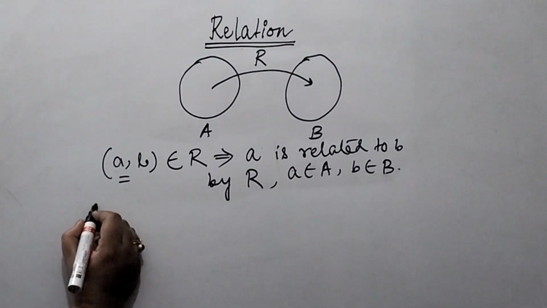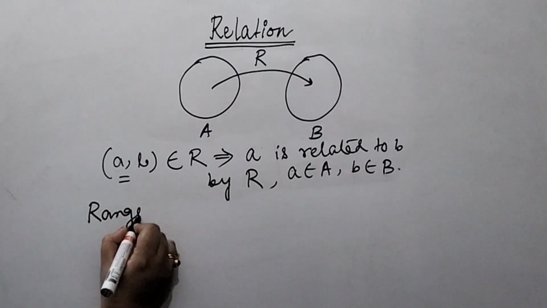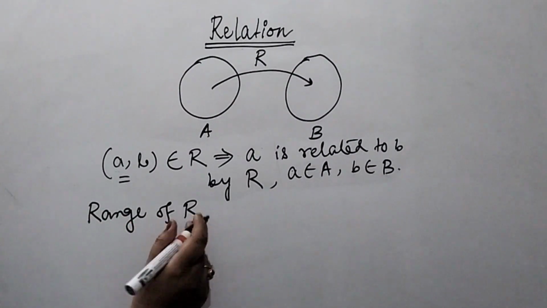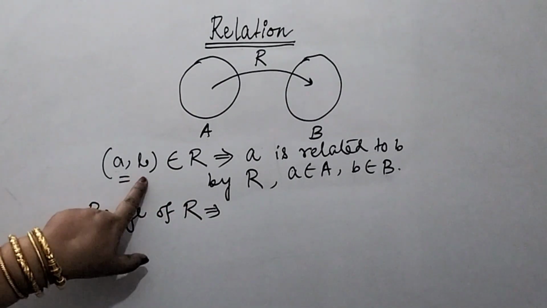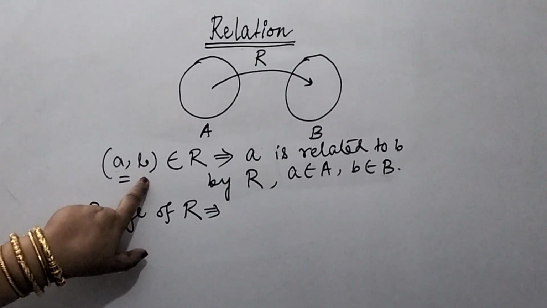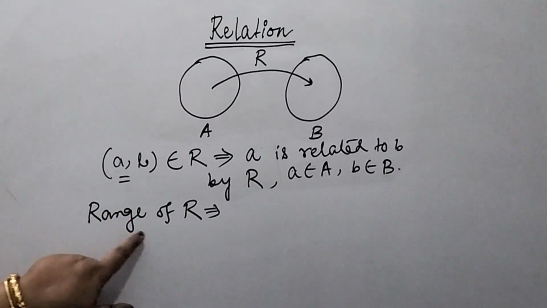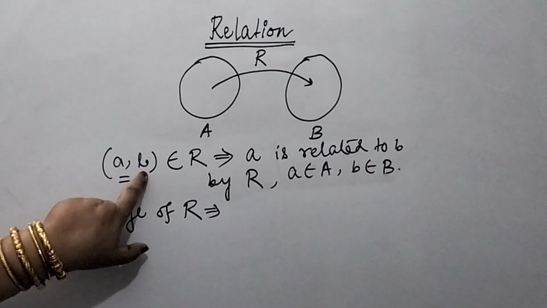Now what is meant by the range of a relation? The range of R, the relation R, means the set of all second elements. As in the domain we have considered the first elements of the ordered pairs, here in range we are considering the second elements of the ordered pairs which are in R, right?